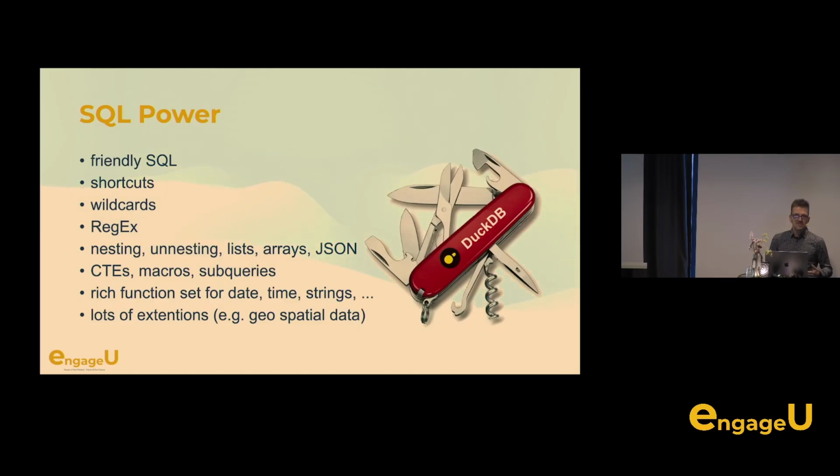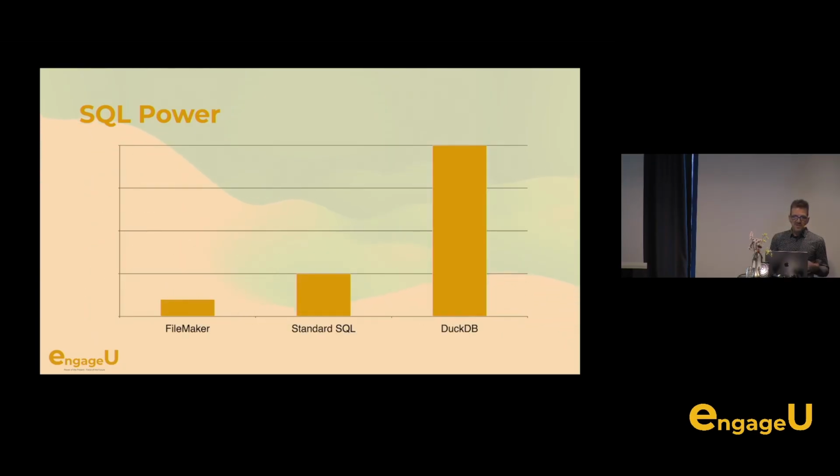This is just to show you some of the topics to understand why DuckDB is such an interesting topic. If you think of SQL power in comparison to other worlds, in the FileMaker world we have SQL as well, but you can only do some things with it. Compared to standard SQL, the possibilities go a bit further.